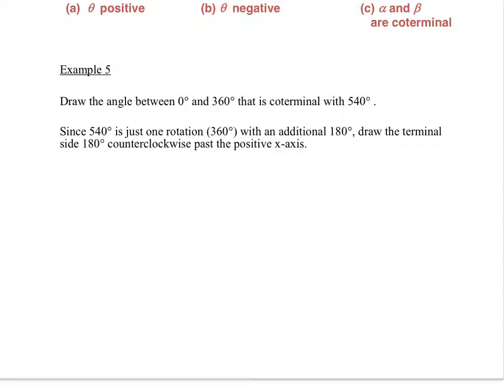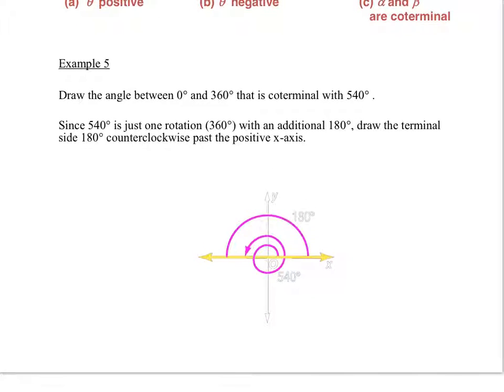So what we could have is something like this. The 540 degrees, you can see right down here, is just one rotation plus another 180 degrees. But that's coterminal. It ends in the same place as something that goes just around 180 degrees, like this.